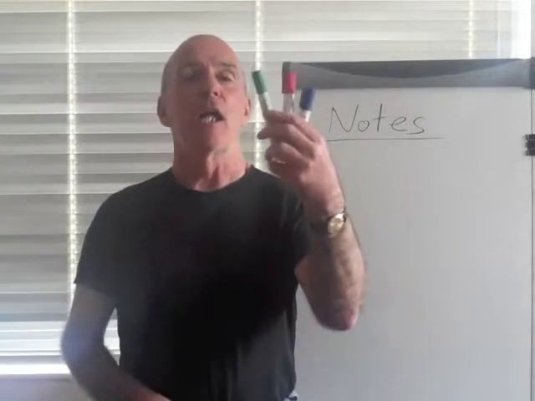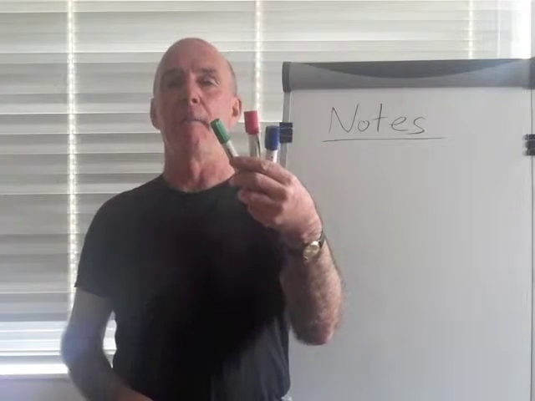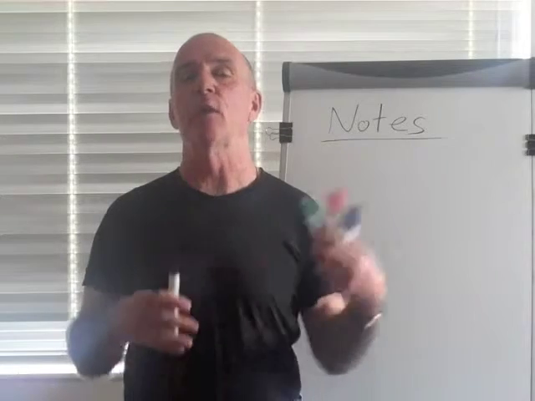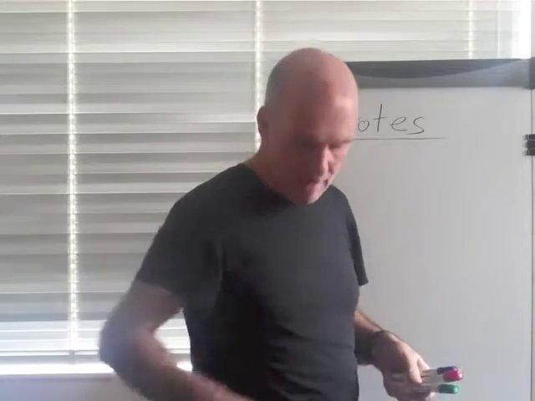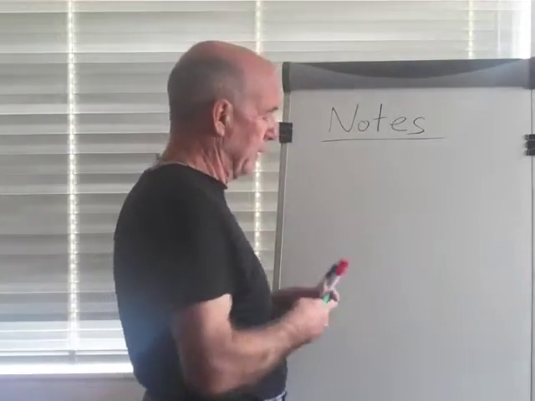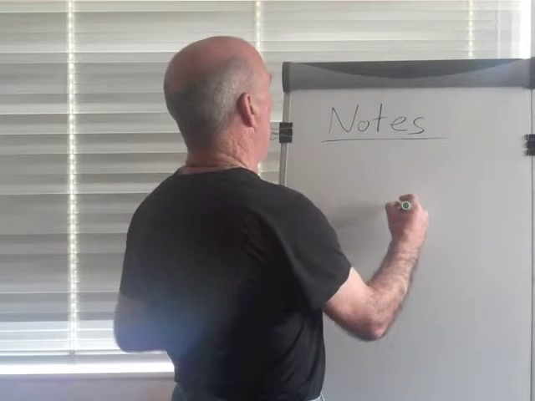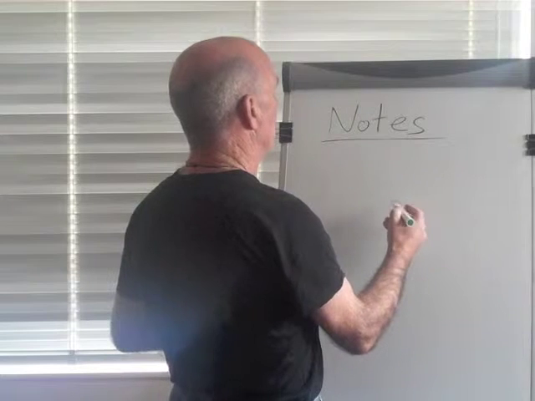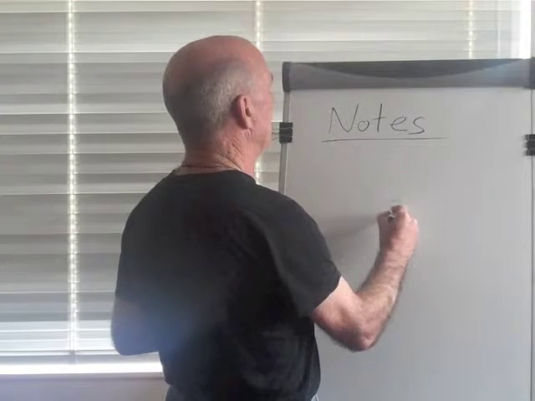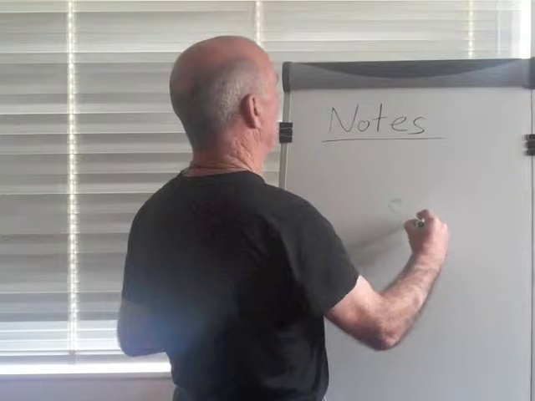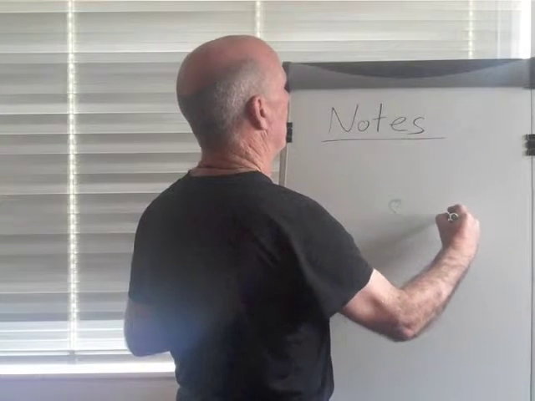It's useful to use lots of different colours because it makes it easier for you to identify things. What we're doing with a mind map is we're going to have your main topic. I don't know if you can see this, but you've got your main subject there.